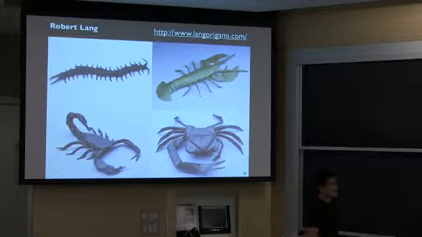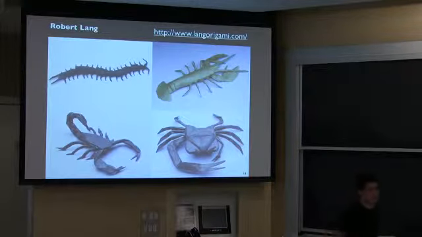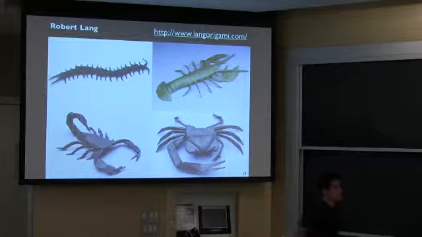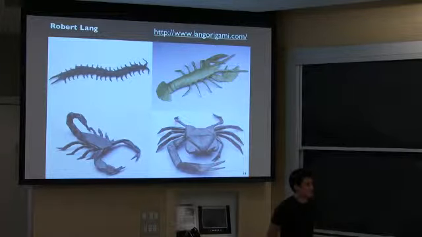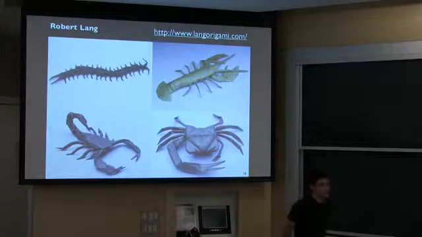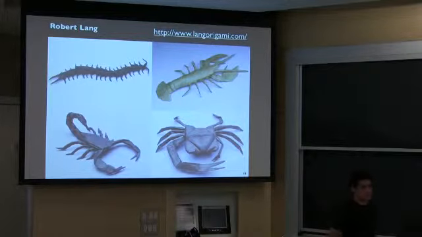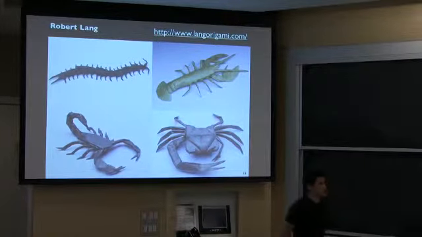And the exactness to which we can specify the tree is phenomenal. For example, the scorpion here is a subject Robert Lang has approached many, many times. This is a design that I particularly like. It's very clean in its folded and structural forms.